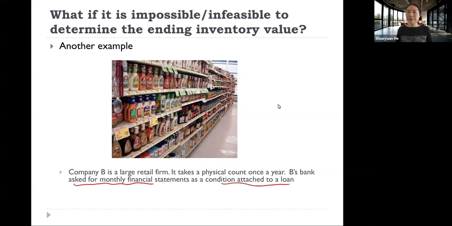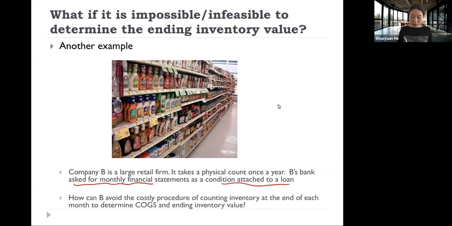So in order to obtain the loan, firm B needs to provide the bank monthly financial statements, and on them it needs to state the cost of its ending inventory. So how can B avoid the costly procedure of counting inventory at the end of each month to determine the cost of goods sold and cost of the ending inventory? This is another problem that firms may have if they're using a periodic inventory system.